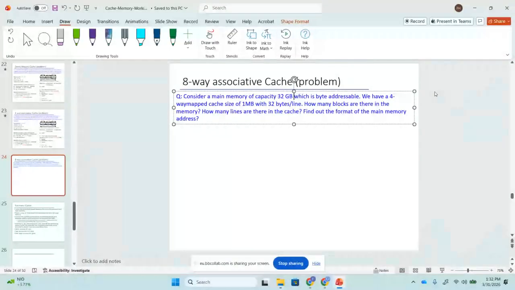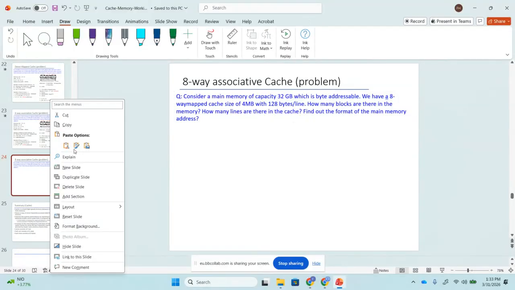Then we have an 8-way cache, and the cache size is, let's assume, 4 MB, and let's assume we have 128 bytes per line. Now we are going to solve this question. Got it or not got it?